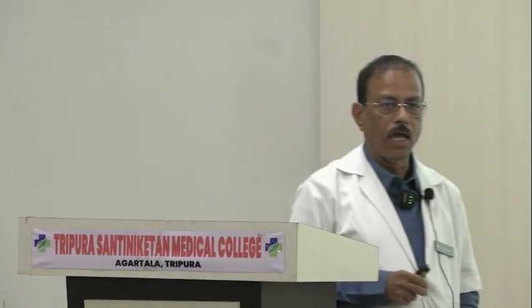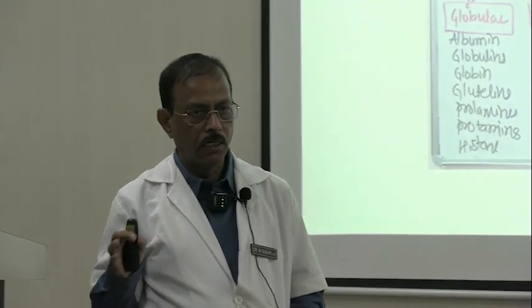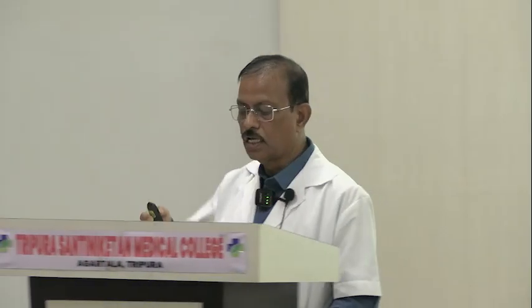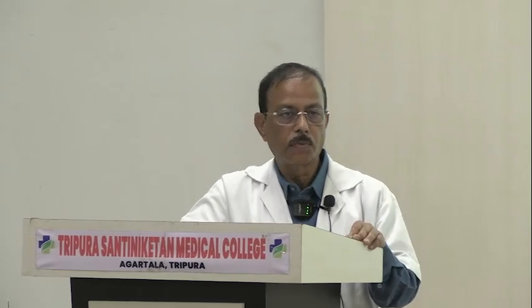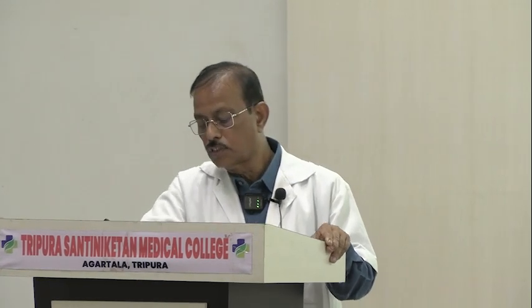Incomplete protein, there will be absence of one essential amino acid in those proteins. They are incomplete proteins. Like in cereal proteins, there is absence of lysine. In pulses, there is absence of methionine.